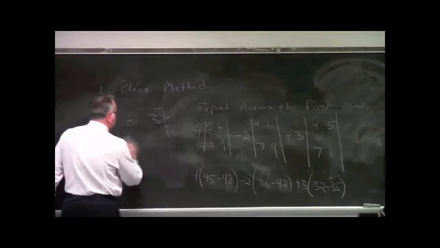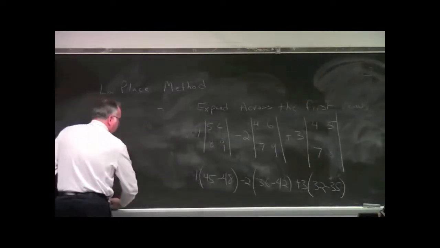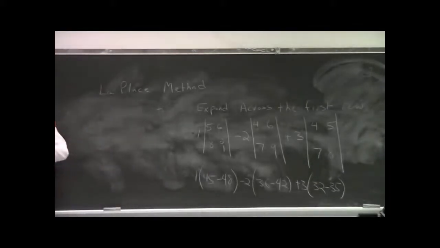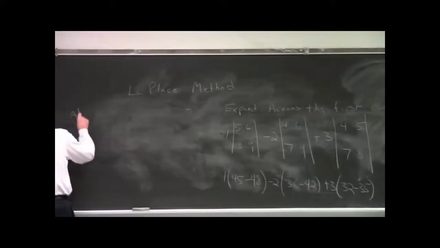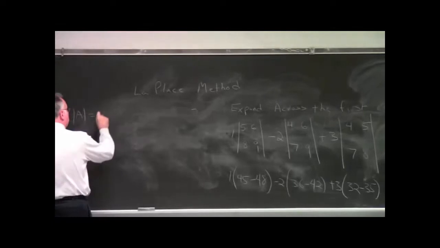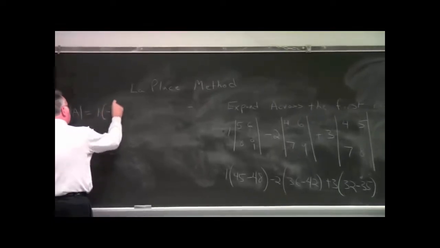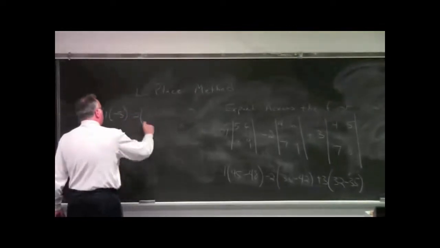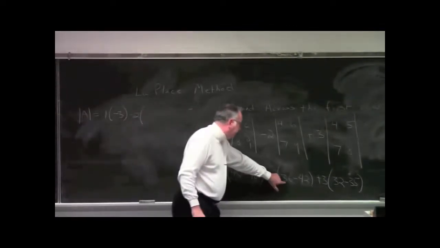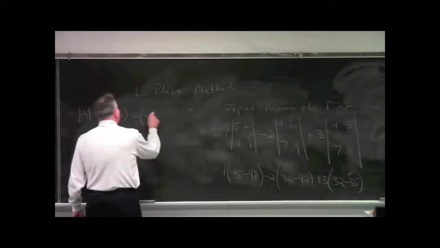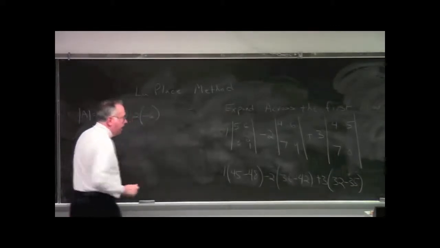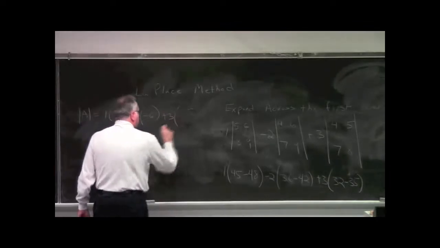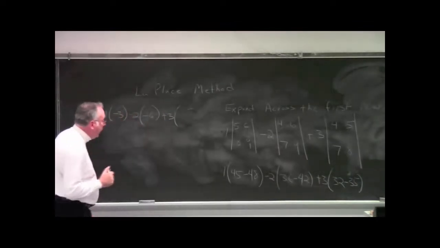And what do we get? We get 1 times minus 3, minus 2 times minus 6, plus 3 times minus 3.